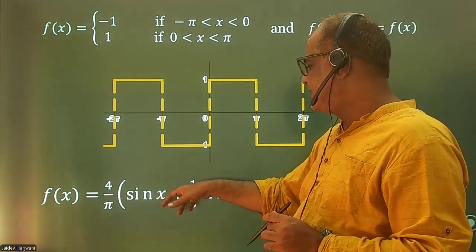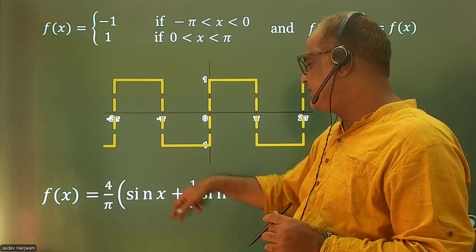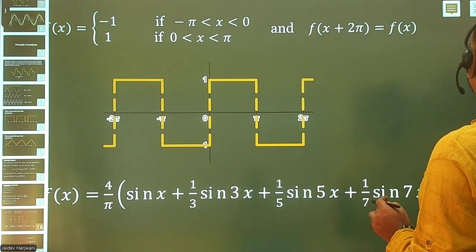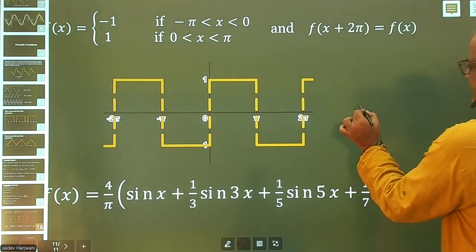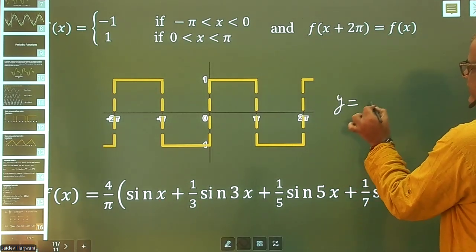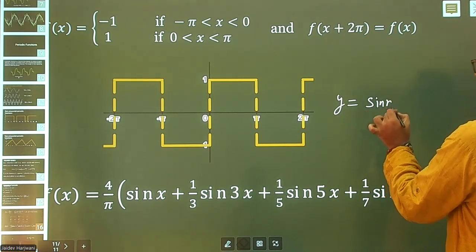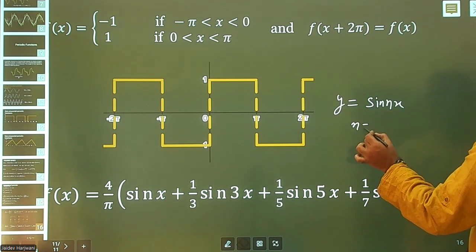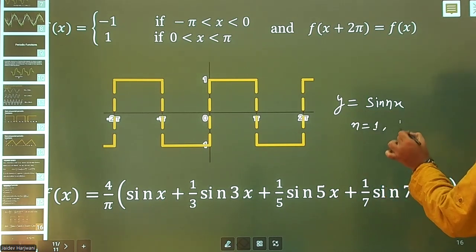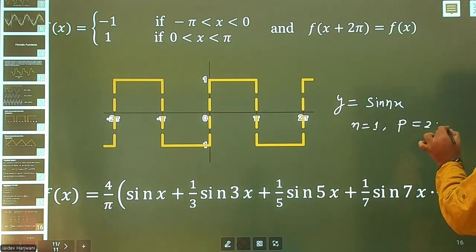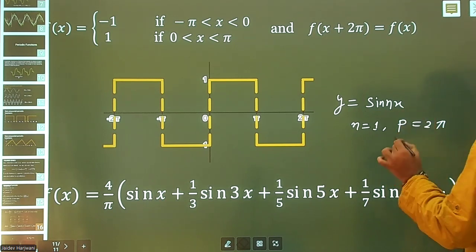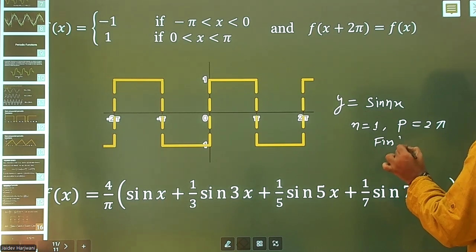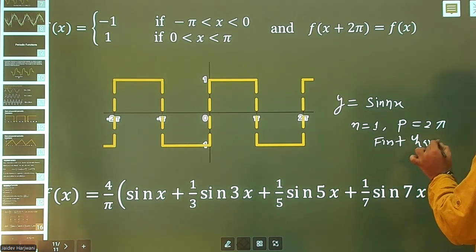So if your omega value is 1, say your function is sin x, you have y equal to sin nx. Now if your n is equal to 1, then you have a time period 2 pi, and this is called the first harmonic or fundamental harmonic.